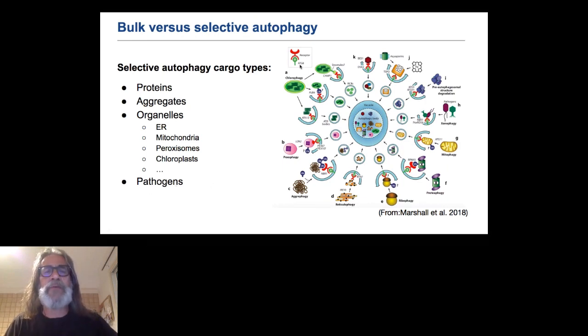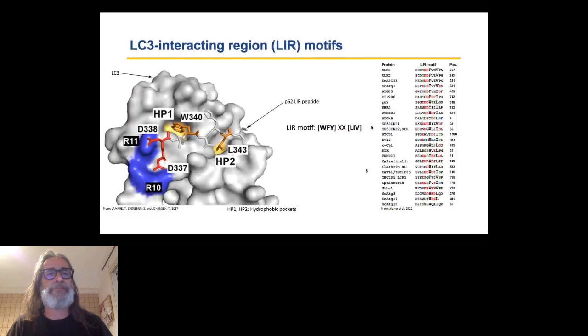Key to this process are the ATG8 proteins which decorate the double-layered membranes. These are small ubiquitin-like proteins which are covalently linked to the lipids of the membrane. They provide the scaffold for linear motifs from receptor proteins which carry cargos to dock on the autophagosome membrane and then lead the cargos for degradation.